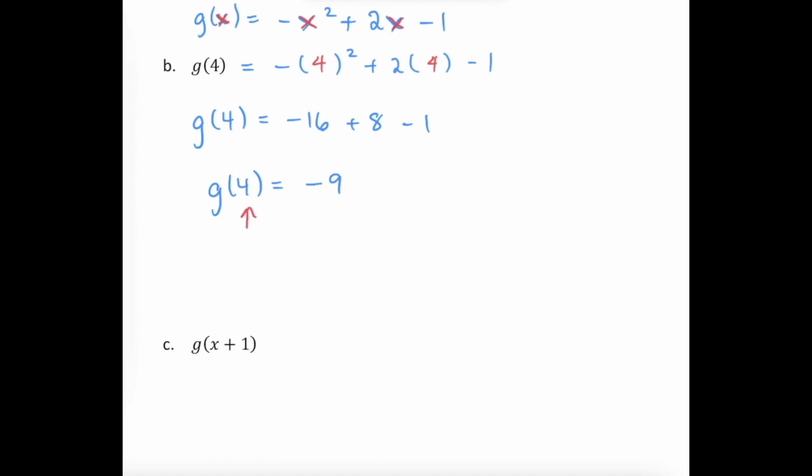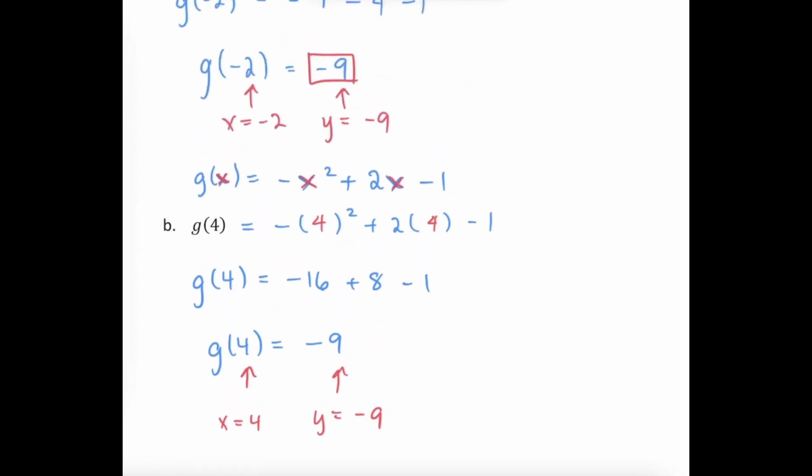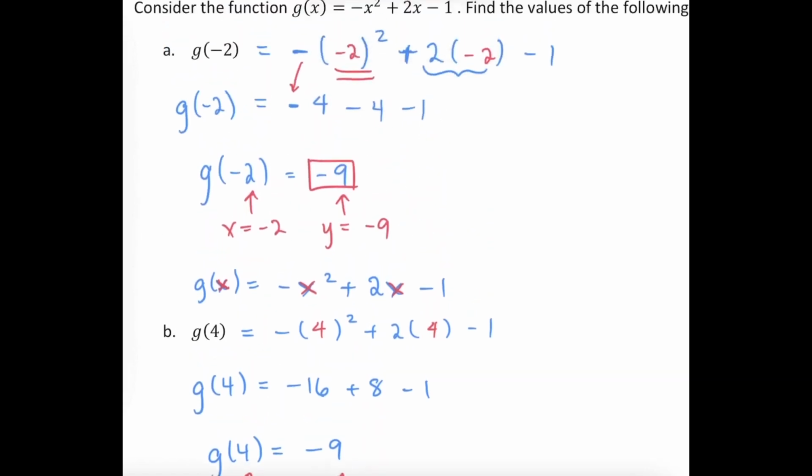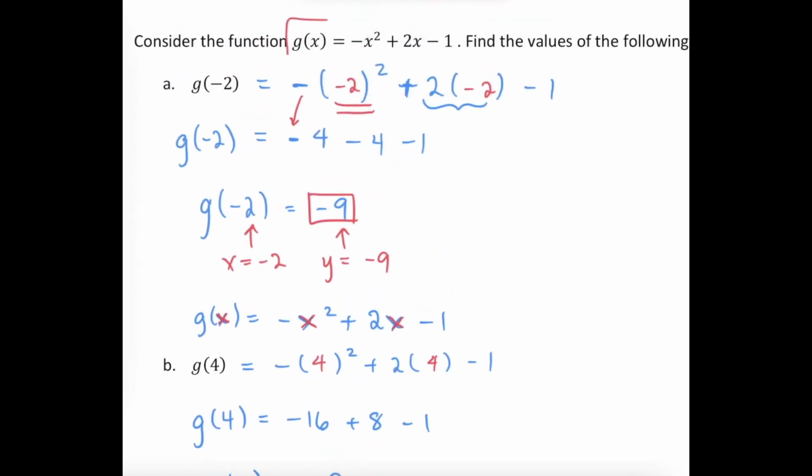And what this means is that when we plug in the x value 4, we get out the corresponding y value negative 9. And with functions, remember, it's okay to have two different x values generating the same y. We just can't have one x value generating two different y's. And if we were to think about this in an ordered pair kind of a situation, remember, an equation is a collection of ordered pair solutions.